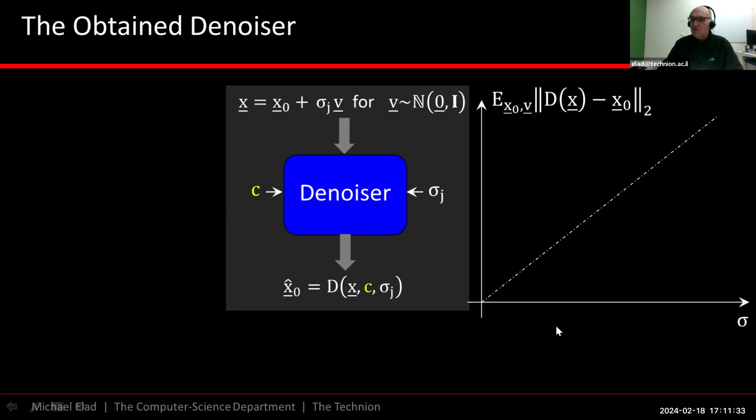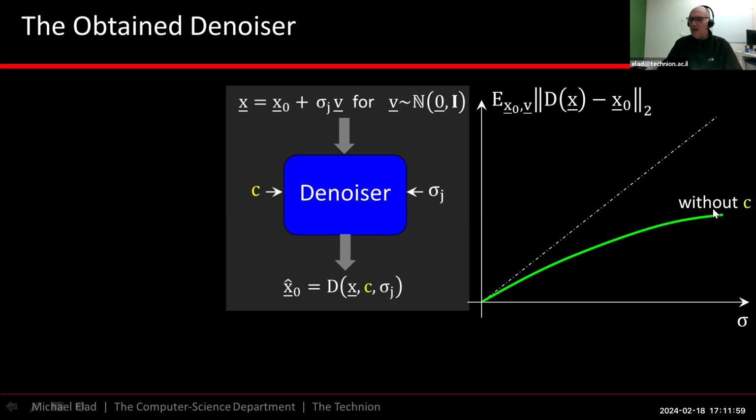Now, here's what you have to do in order to make things sensible to you. You have to show to yourself the error of the denoiser, the true image minus the denoised image, averaged over many, many noise realizations and many, many images, as a function of sigma. And you get some sort of curve. Okay, this is the performance of the denoiser per every level of sigma noise.